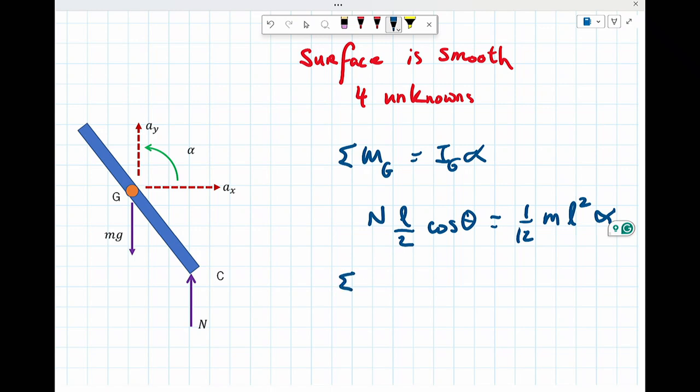Sum of forces in X is equal to 0, and 0 equals M A X. And I know it's 0 because there's no forces there. You want forces there, you want something there, but it's not rotating it. It's not doing anything. It's just dropping. So as it drops, sum of forces in X is equal to 0, 0 equals M A X, and that gives you right away an answer.